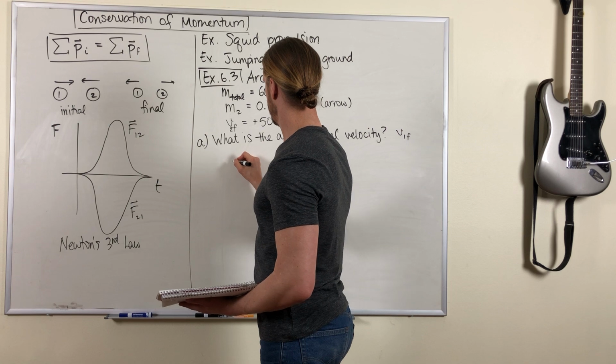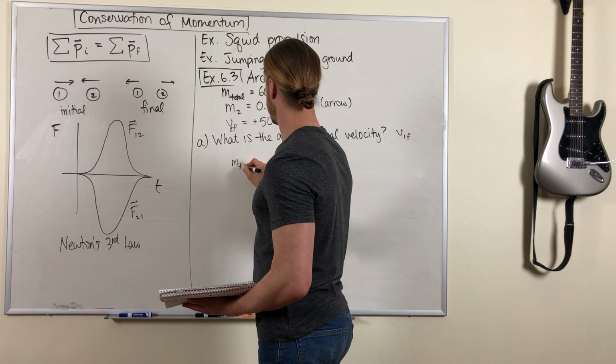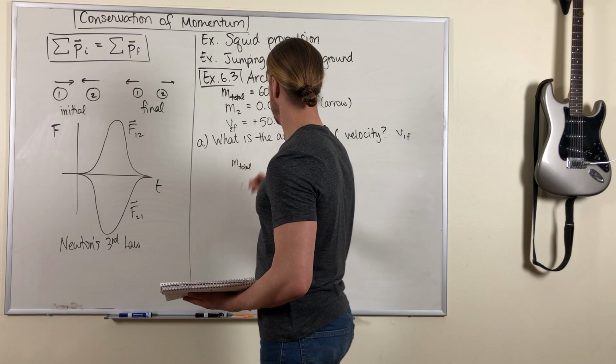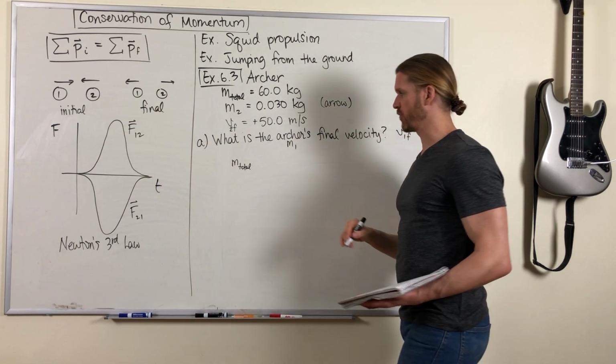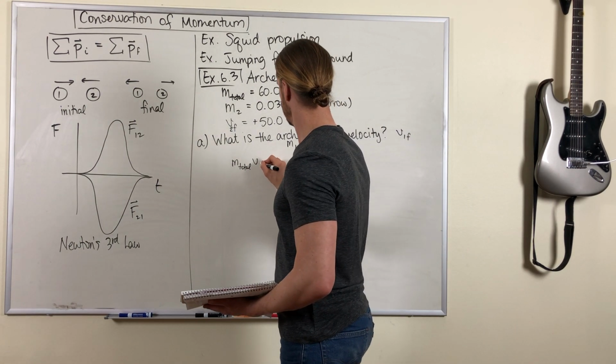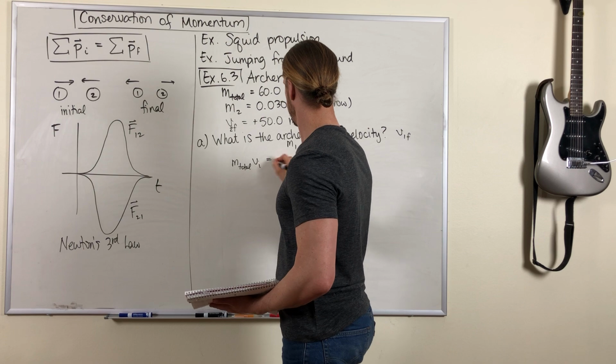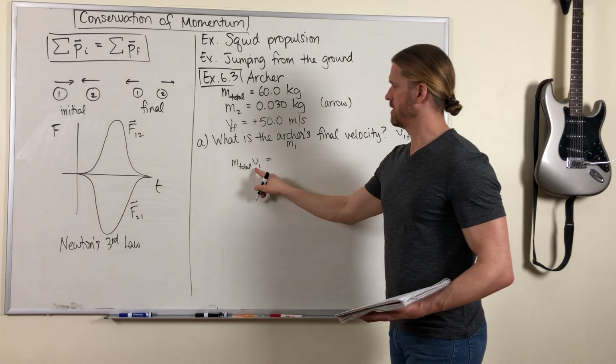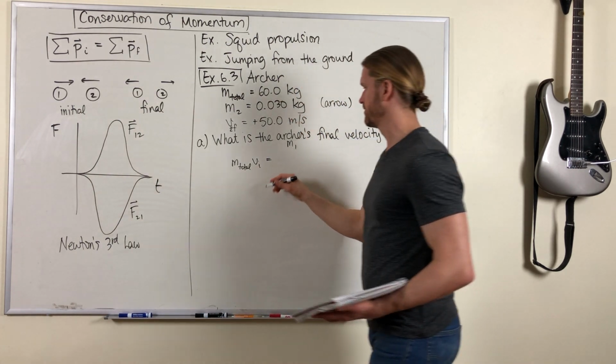Initially, the archer is just standing there with the bag of arrows, quiver of arrows. That's going to be 0.